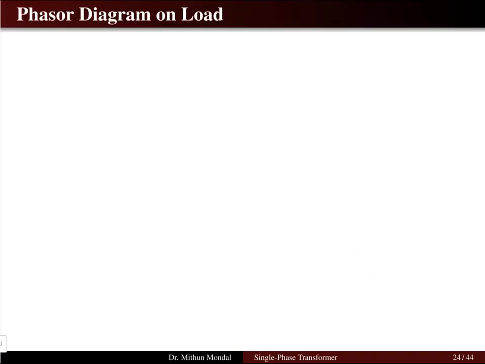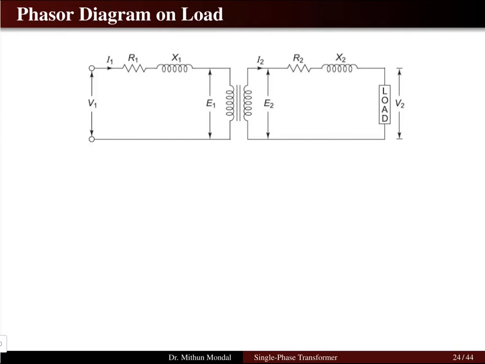Now we will see what happens under the load condition. When we put the load on the secondary side of the transformer, the current I2 will start flowing. Earlier it was 0; when the load was not there, we took I2 to be 0. Now, due to the load, the current I2 starts flowing.